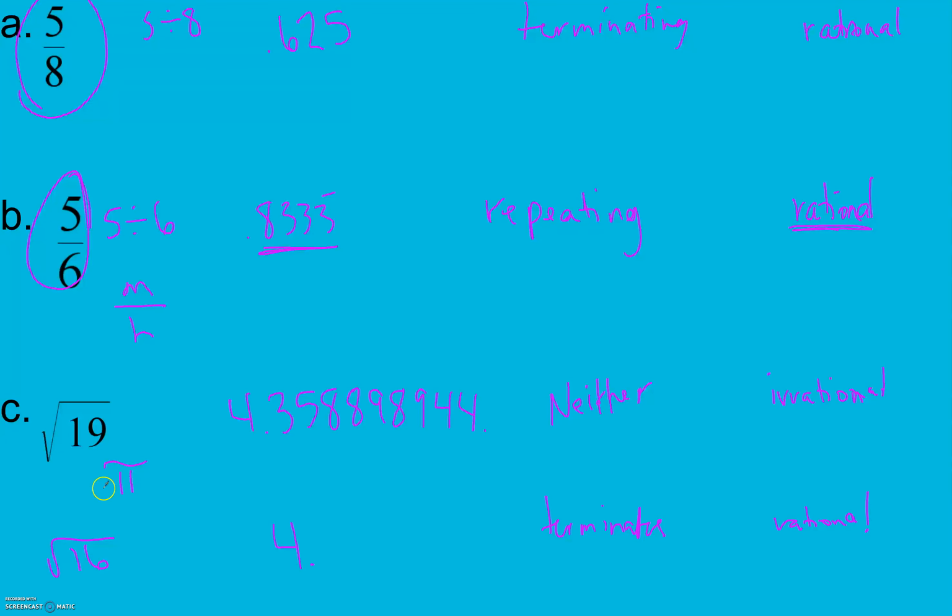But any square root of a number that isn't a perfect square, so 19 is not a perfect square, 51 isn't a perfect square, 97 isn't a perfect square, those would all be irrational. The square root of 4, the square root of 9, the square root of 16, square roots of perfect squares give us exact values, exactly 2, exactly 3, exactly 4. So those are rational numbers.